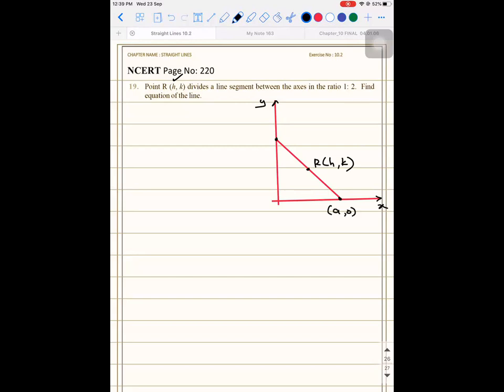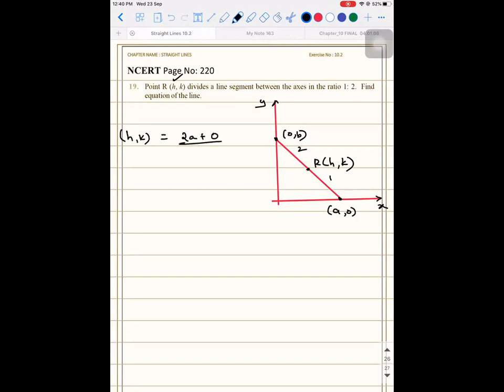So if I take this point as a comma 0 and this point as 0 comma b, the line segment between the axes is divided in the ratio 1:2. So if I take this as 1 and this as 2, find the equation of line. So what is h comma k?